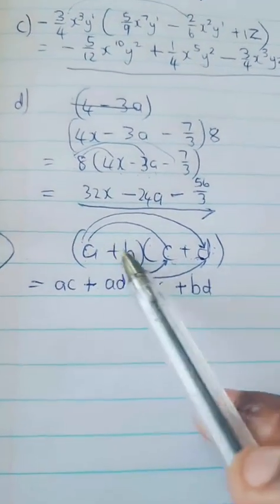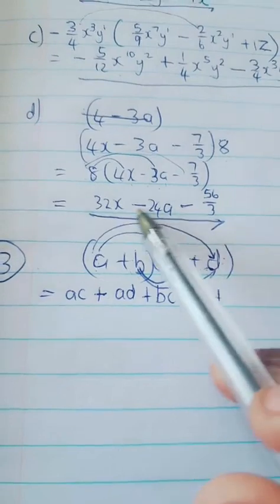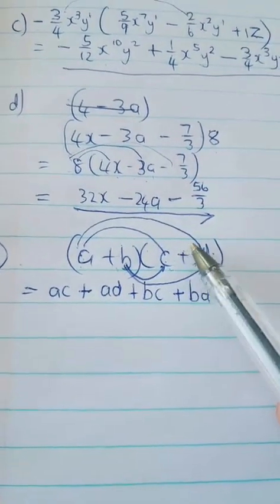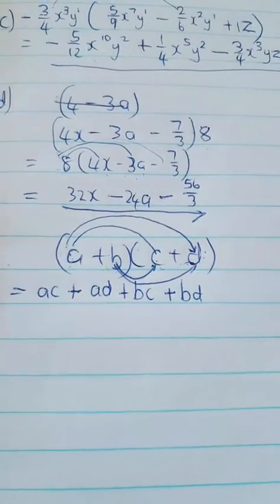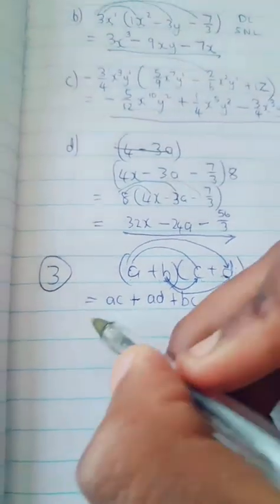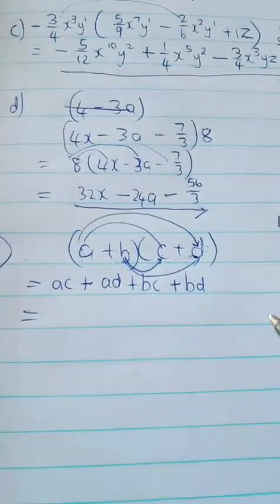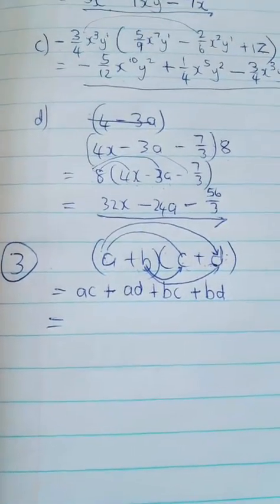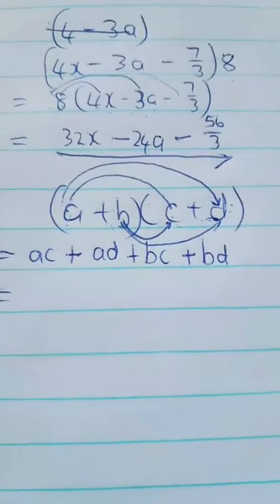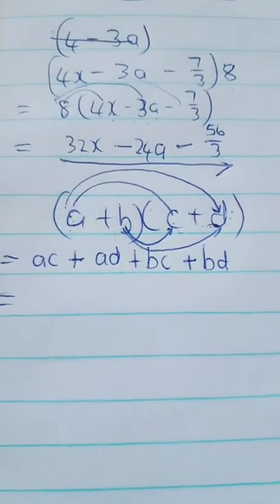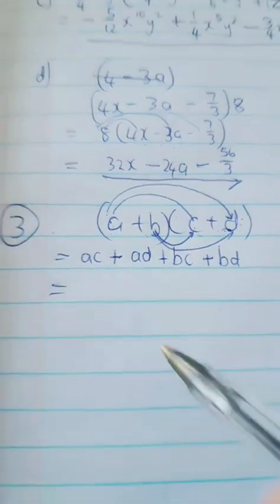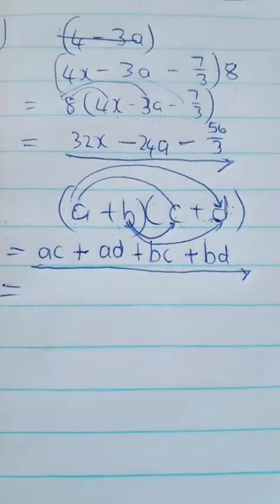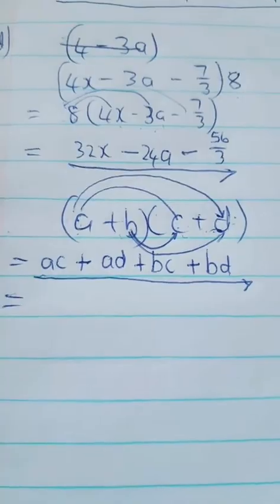And this all comes from what? It all comes from taking our binomial and multiplying by another binomial. Okay? So we get these 4 terms. And then basically what can we look at? Do we have any unlike terms? No, we don't. So therefore we leave our answer like this because we don't have any like terms.